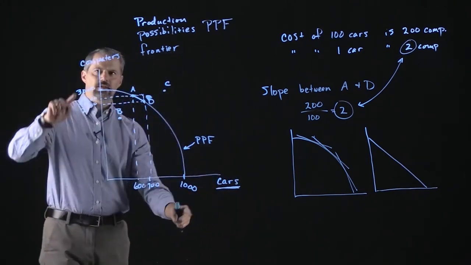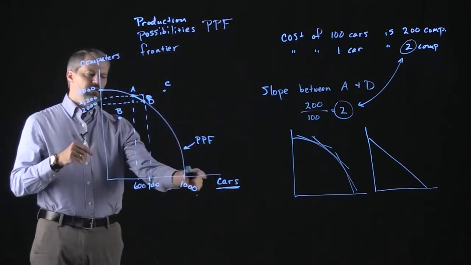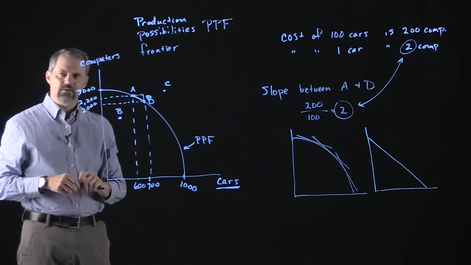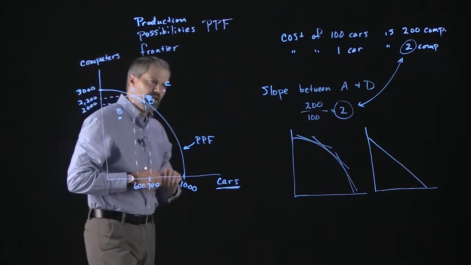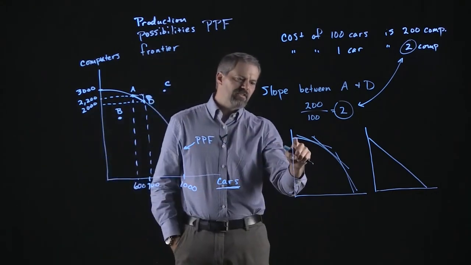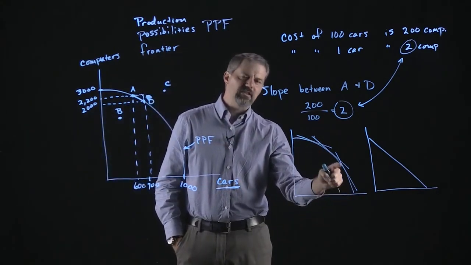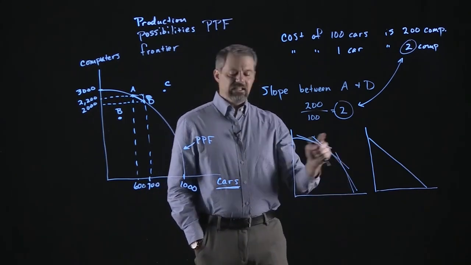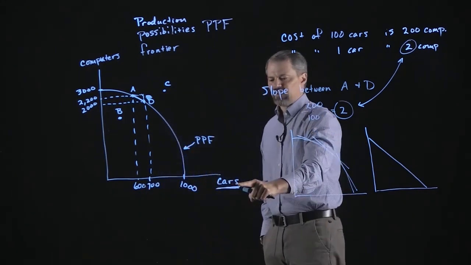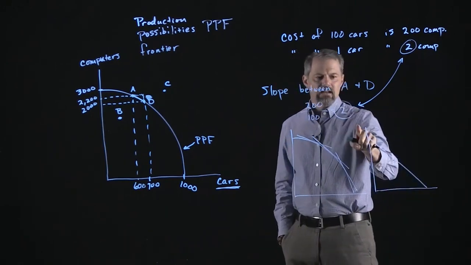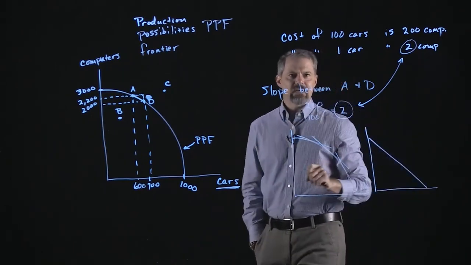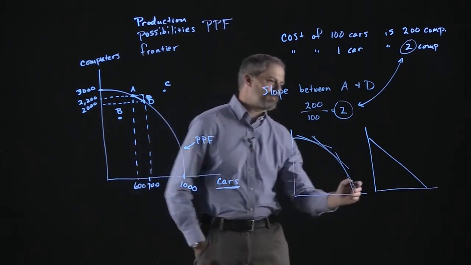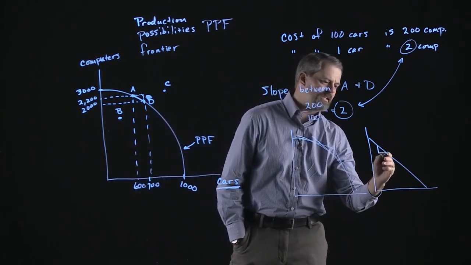Notice we've got cars and computers. The inputs that would be used to produce cars are going to be different than the inputs that are used to produce computers. And the result of that is that the production possibility frontier is bowed out or curved like that. If the inputs that are used to produce this good and the inputs used to produce that good are the same, if they are not specialized, then our production possibilities frontier is going to be linear.